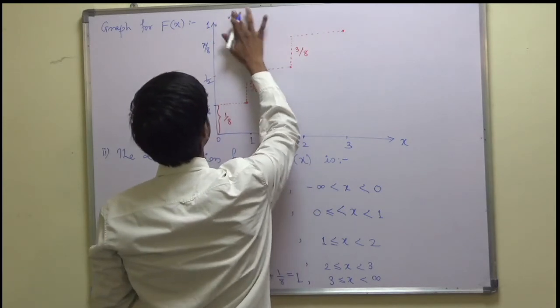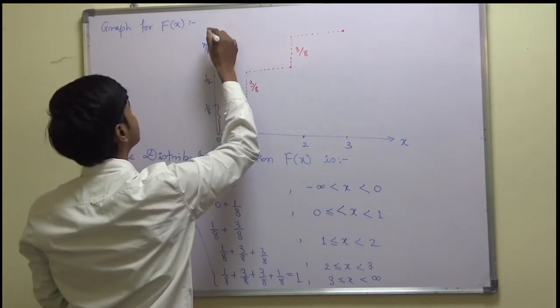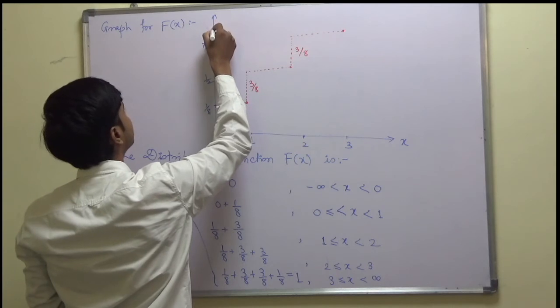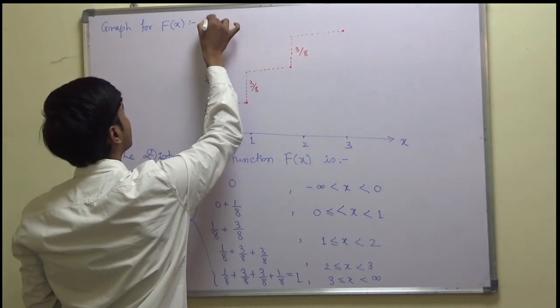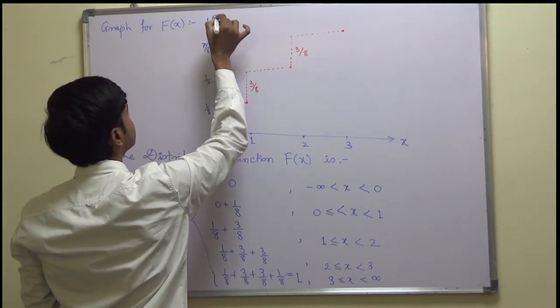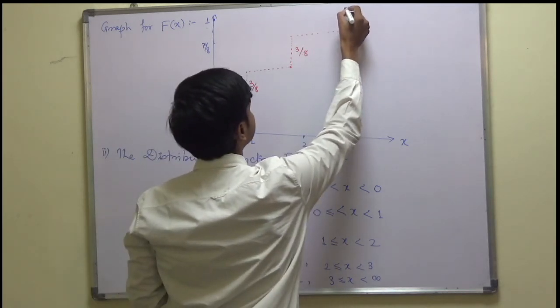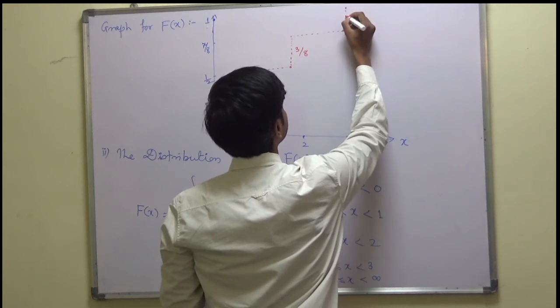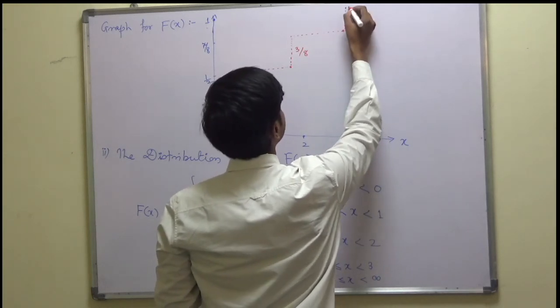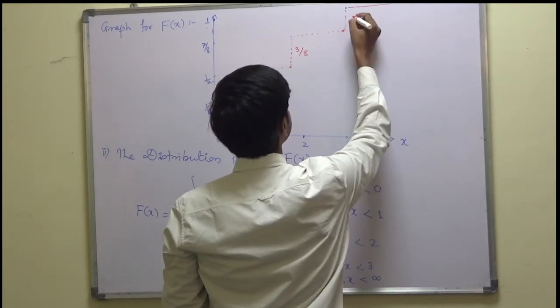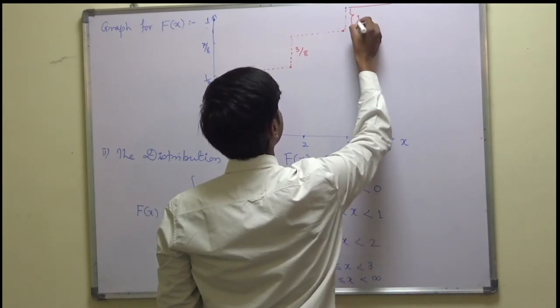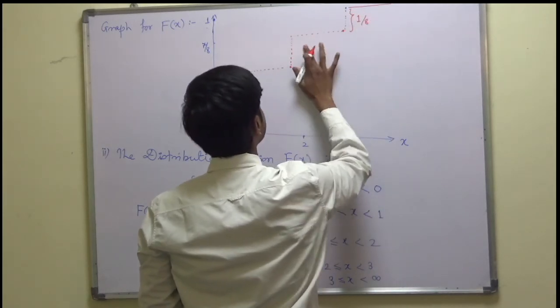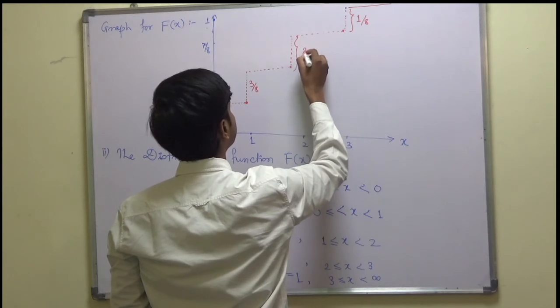So let me extend this to some level. Say here somewhere we are getting the value as 1. This value is 1 by 8, this value is 3 by 8.